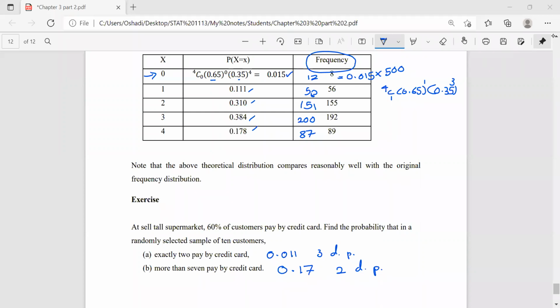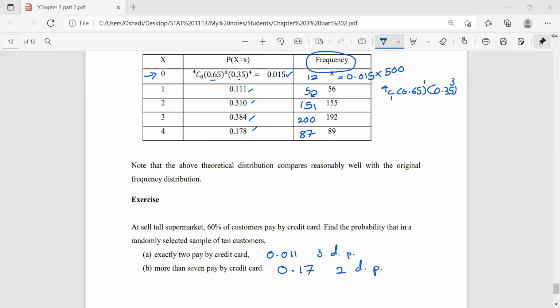Using that, we can find the probability of customers paying by credit card is equal to 0.6. Right? If we take the success as the customer paying by credit card, then the customer not paying by credit card is given by 1 minus p, which is 0.4.